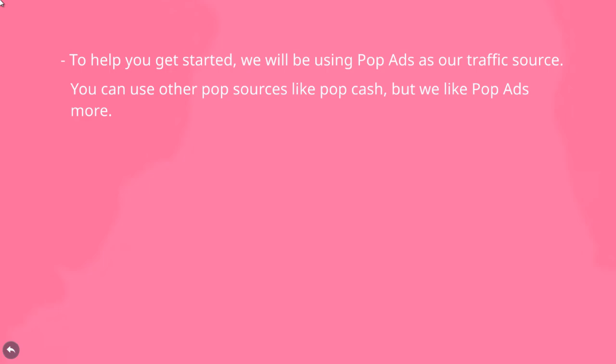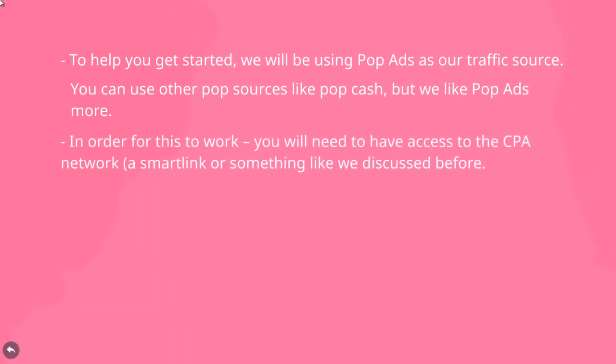Now, in terms of the offers that convert really well with Pop Ads, number one, you want to definitely get something targeted. And number two, if you utilize something like a smart link, it's so smart that usually it can figure out what that person would like.